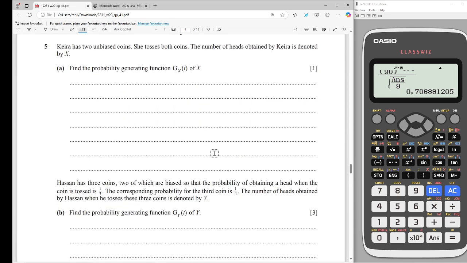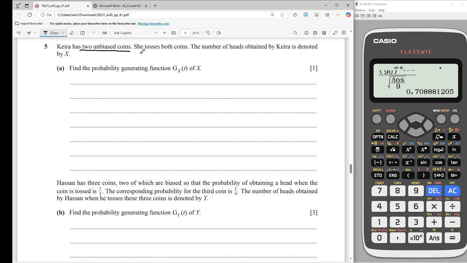Fine. Now that we've calculated that, we need to go to PGF, probability generating functions. So just for quick understanding, when you have two unbiased coins, our probability of getting a heads is 1 by 2, and the probability of getting a tails is also 1 by 2. So the number of heads is X. Find the probability generating function of X. So the probability of getting 0 heads would be 1 by 2 whole squared, because we're getting tails 2 times.